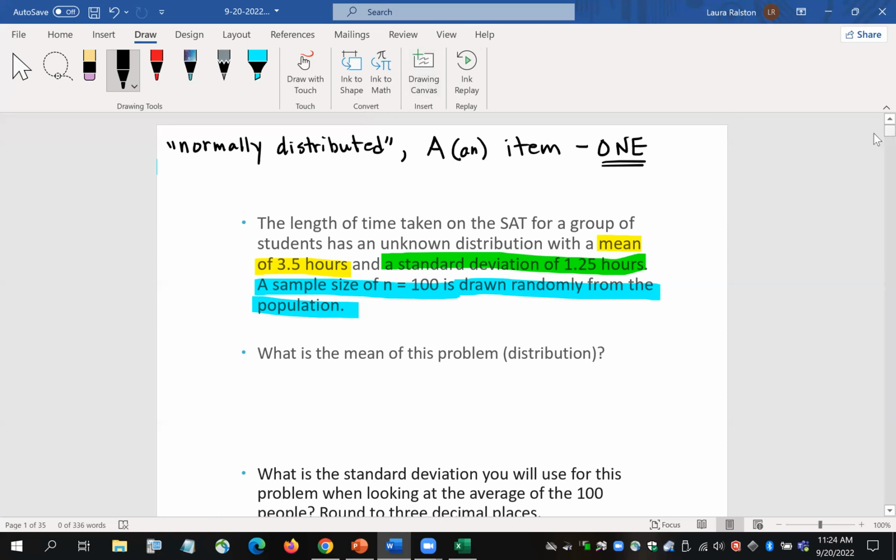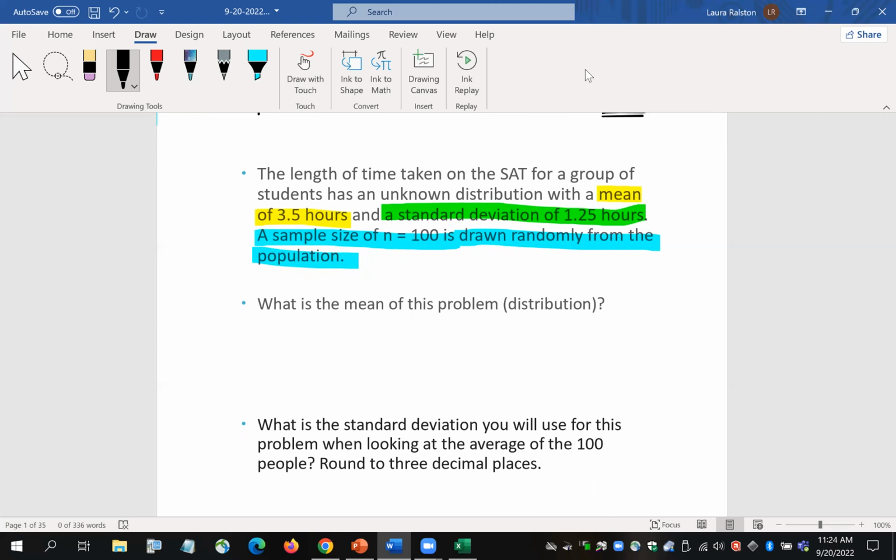So the questions begin by saying, what is the mean of this problem or this distribution? Okay, this really is given to you in the problem.